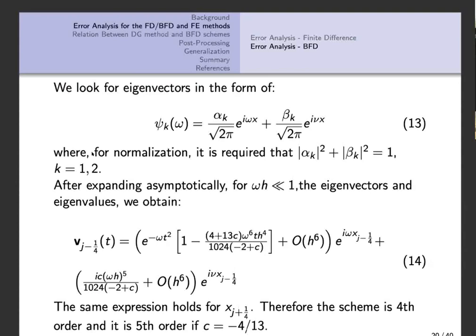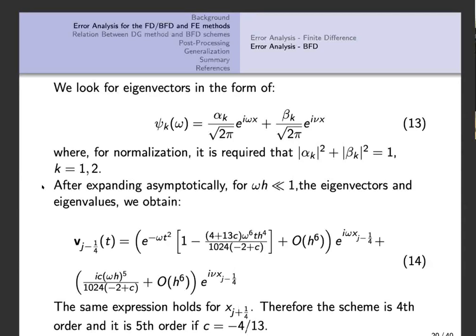Okay. So for normalization, we are requiring that the sum of the squares of alpha and beta be equal to 1. So we are looking for two couples of alpha and beta, basically. This is done after the expansion, asymptotically expanding for omega h very small.